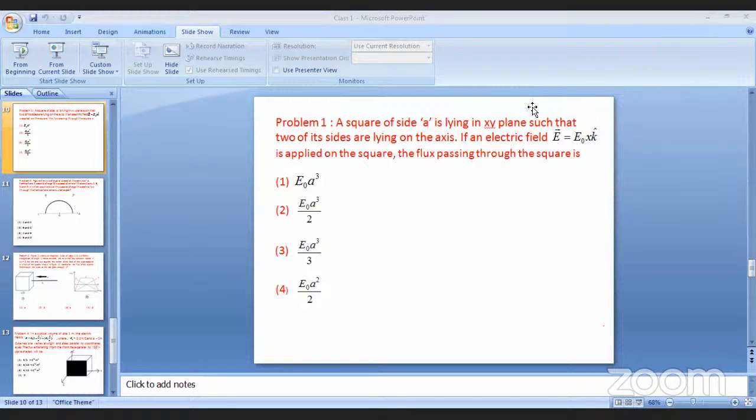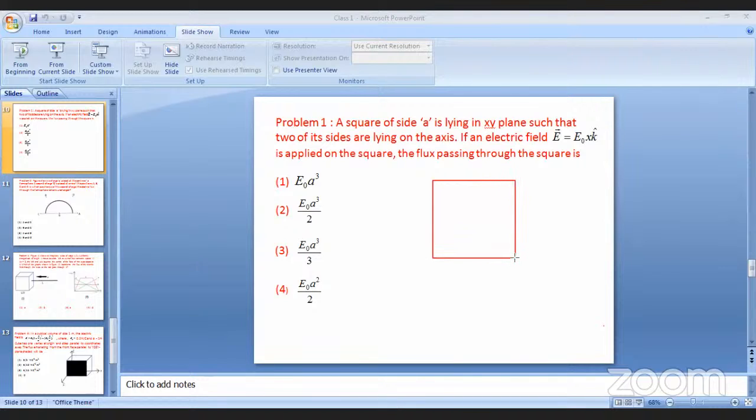First of all, let me draw a square. This is the square, and the side of the square is A. Though it may look rectangular, this is actually a square, so let me redraw that again.